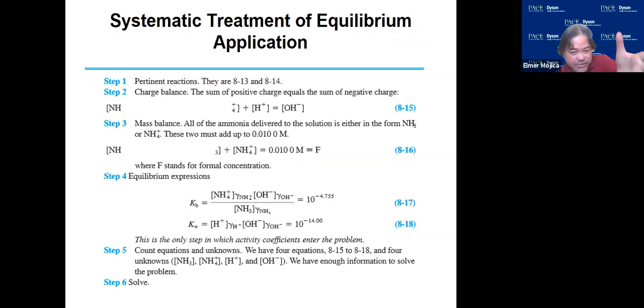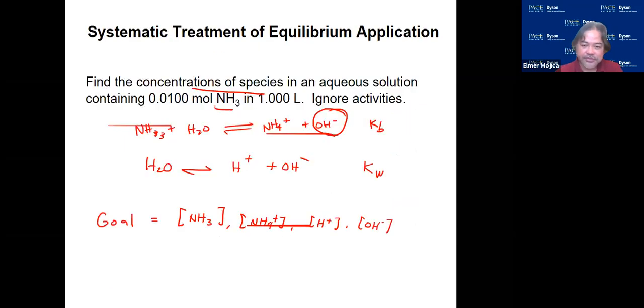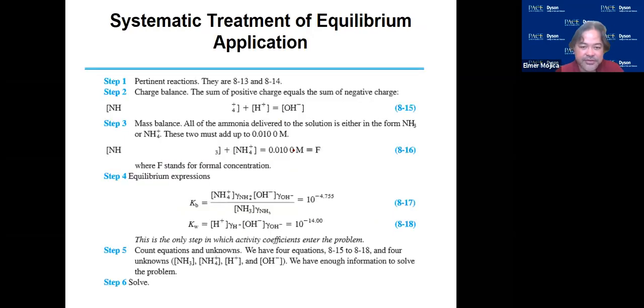It's just a continuation of what we have done. We started with this. The pertinent reactions that we have are these two, the Kb and the Kw, and then the charge balance. So we can have it like this: NH4 plus and H plus. We don't include the NH3.